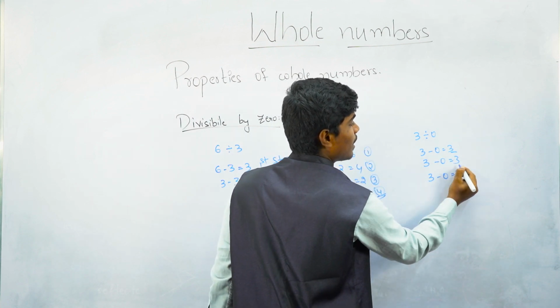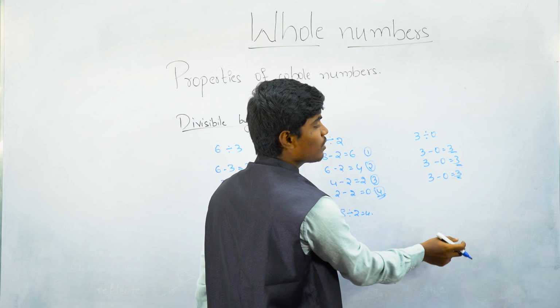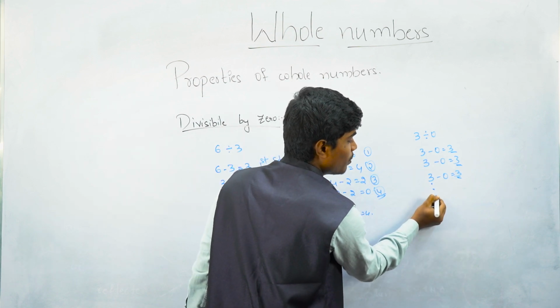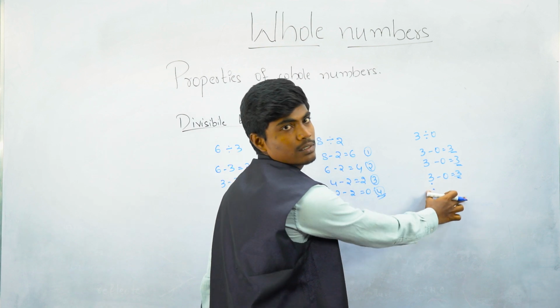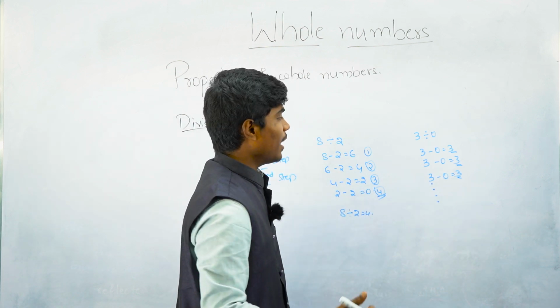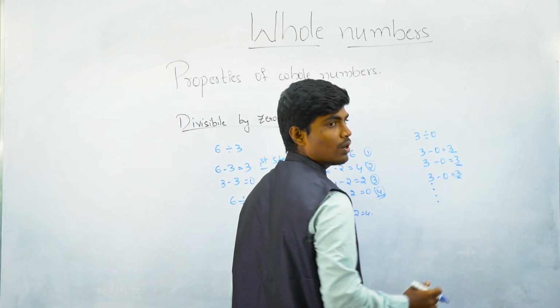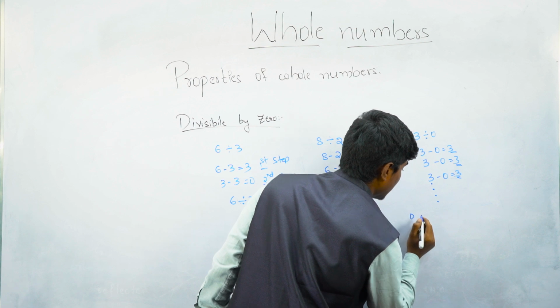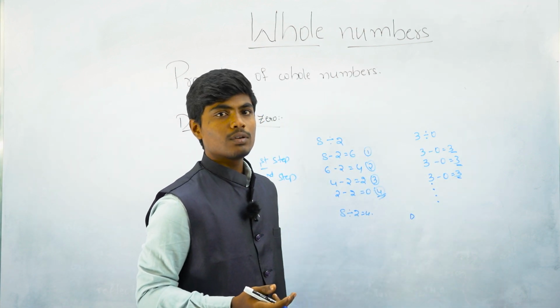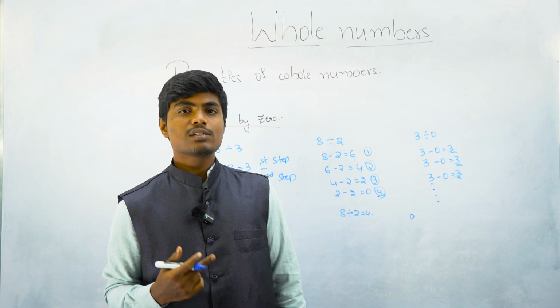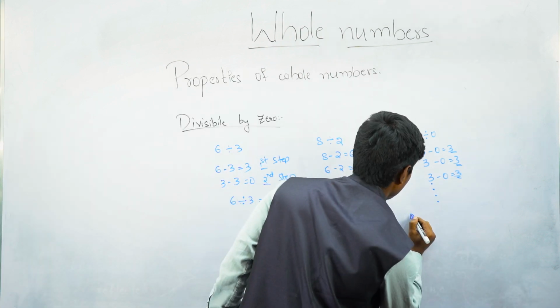The answer we keep getting is 3, which is common. This is going to continue, so there is no end to this pattern, and so there is no answer. So if any number is divided by 0, the answer is not defined.